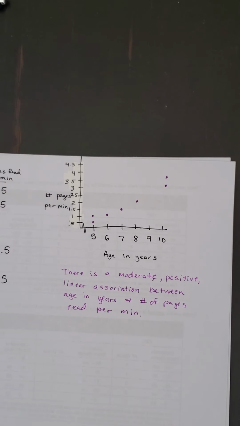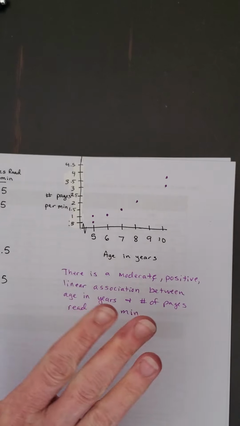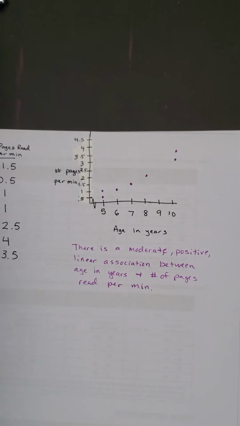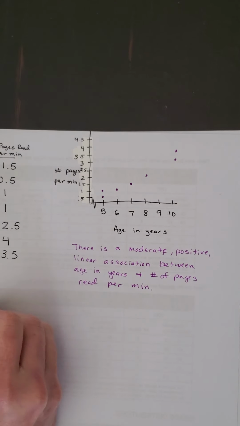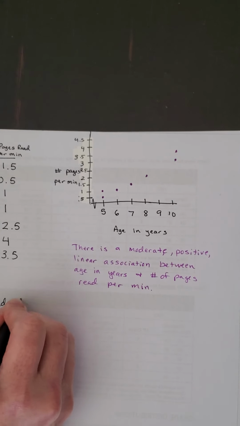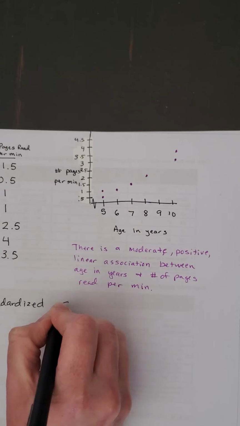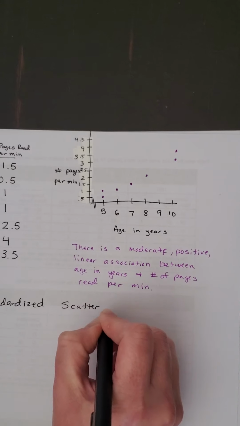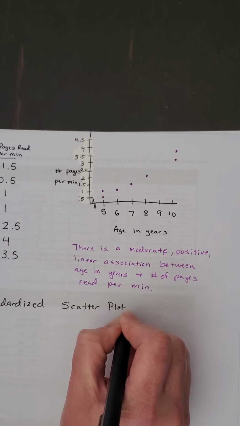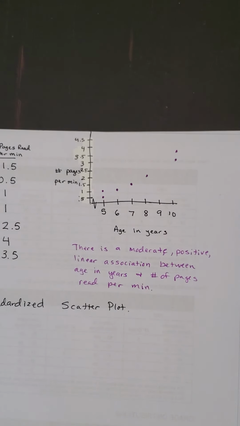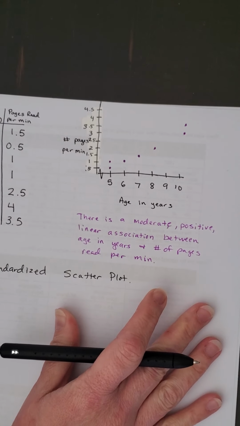But what I'd like us to be able to do is understand the difference between this scatter plot and what's called the standardized scatter plot. The reason is we have to understand where R, our correlation coefficient, is coming from and how that's calculated.